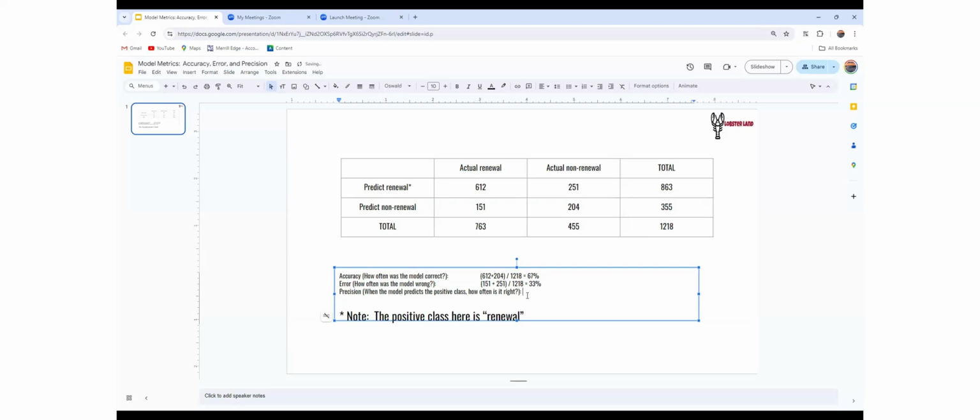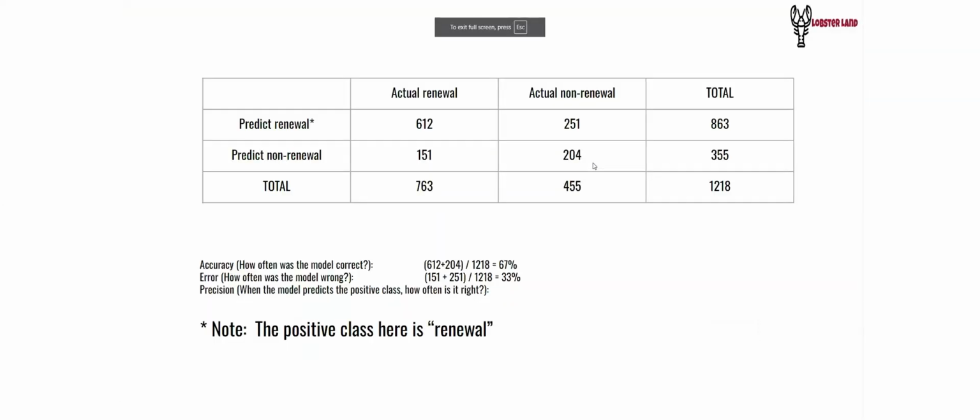And then next, we'll delve into just one of those other metrics, and for the purpose of this video, we'll use precision. Precision is asking this question: when the model predicts the positive class, how often is it right? And just to take a moment with that, I want you to put aside any connotations you have regarding the words positive and negative.